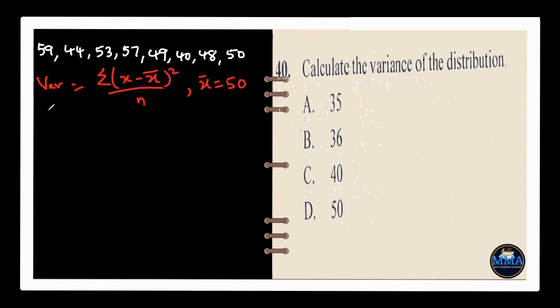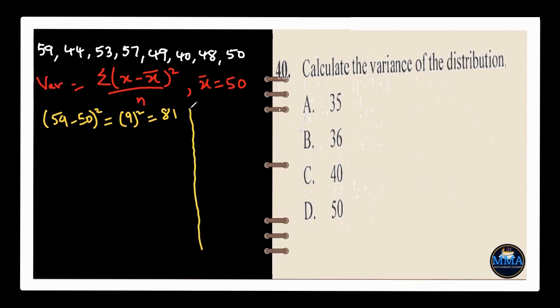We are going to look at, we take 59 minus 50 all squared. That will give us 9 squared. That's 81.